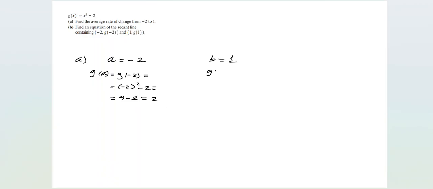Now g of b, which is going to be g of 1, in this case would be equal to 1 squared minus 2. 1 squared is 1, minus 2 is just minus 1, right?